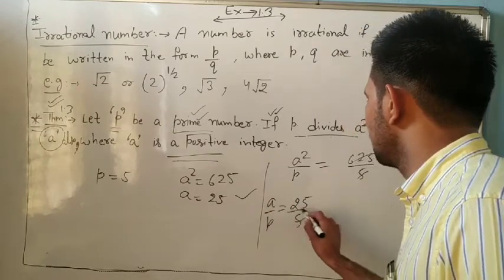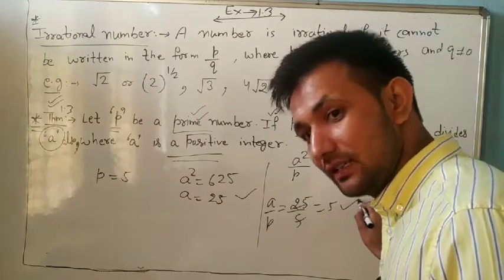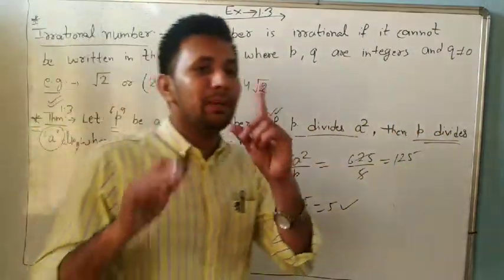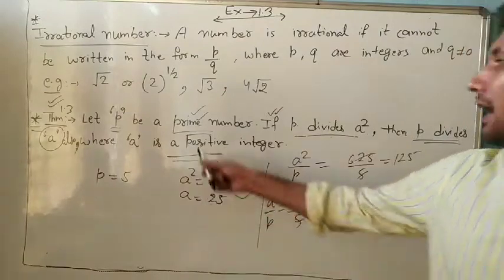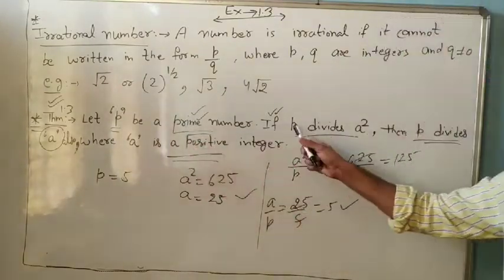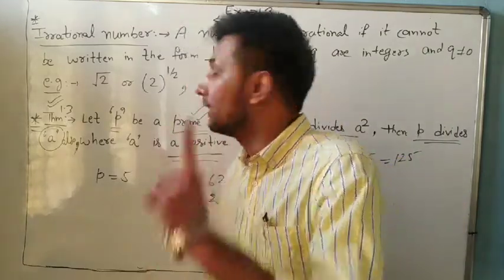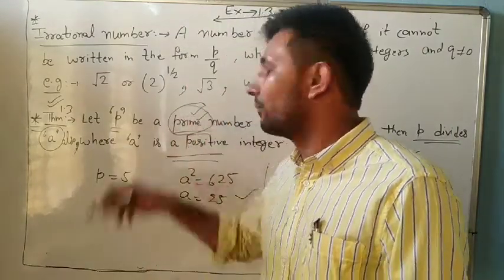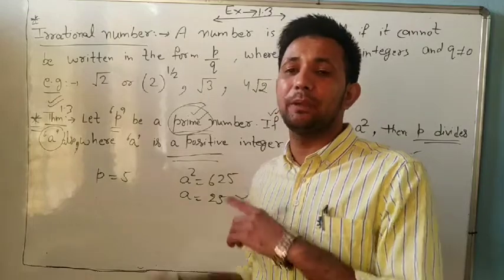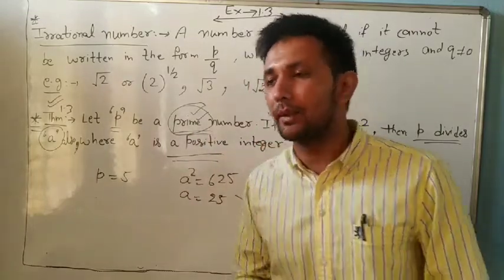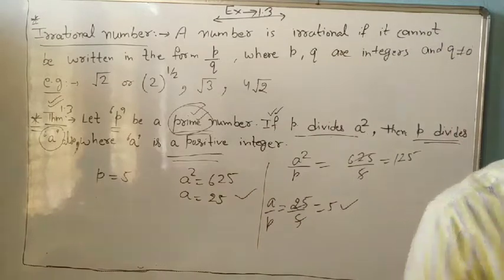A divides or not? Yes. So always remember, if P is any prime number, and if P divides A square, then P divides A also. What is P? Prime number. Only in the case of a prime number. So note it down. Okay.